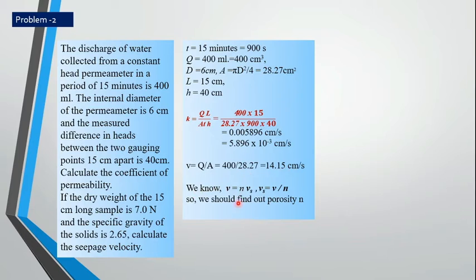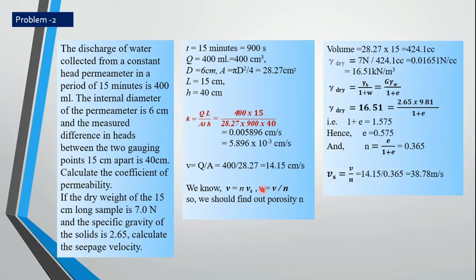Now we know V is equal to N into Vs, or Vs equal to V by N. So seepage velocity, which is a faster velocity, that is Vs, is V by N. But we should know N. With the data given here about the sample, we can calculate N, use that N to find out Vs. How I have done, I'll show you.